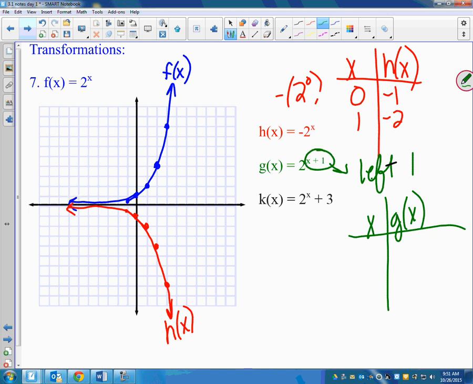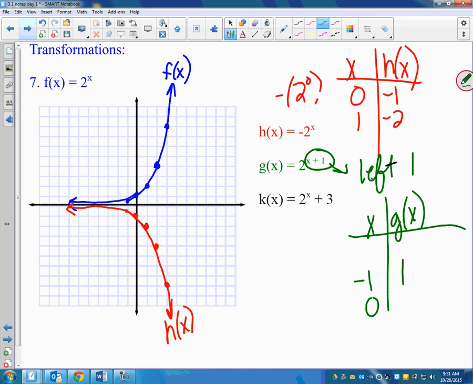Normally I pick 0 for my exponent, but if there's something added there, the first number that I would pick would be -1, because -1 plus 1 gives me that exponent of 0. 2 to the 0 is 1. And if you pick one above it and one below that number, then you should get the shape of your graph. You should get like these 3 points here.